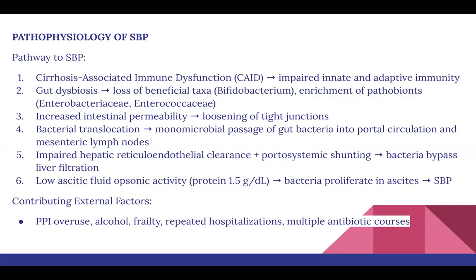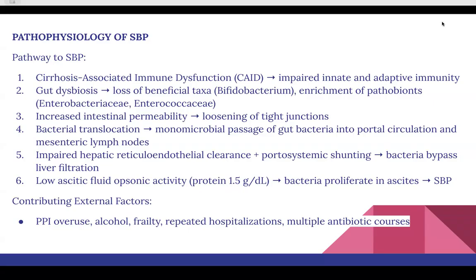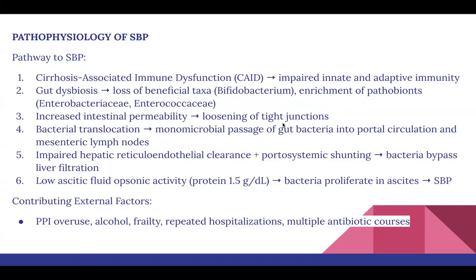This will increase intestinal permeability, loosening the tight junctions. Bacteria will translocate from the gut into the portal circulation and mesenteric lymph nodes. And with impaired hepatic reticuloendothelial clearance and portosystemic shunting, the bacteria bypass liver filtration, and there's low ascitic fluid opsonic activity.